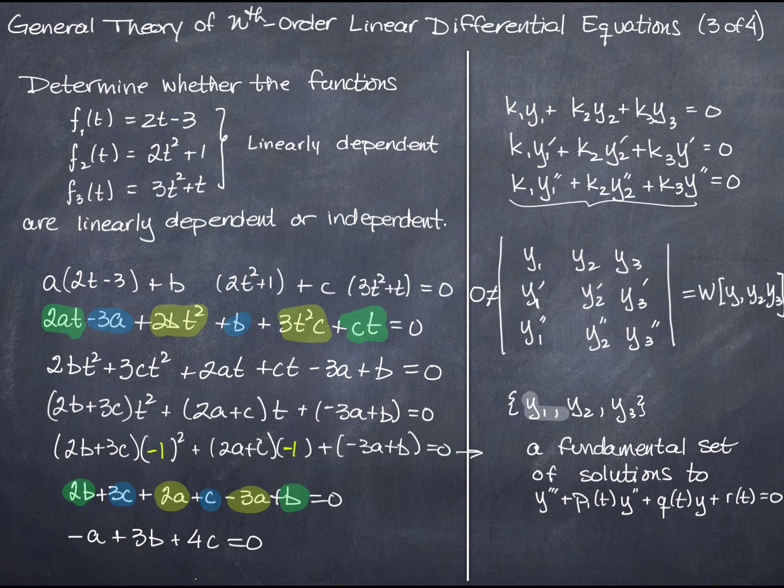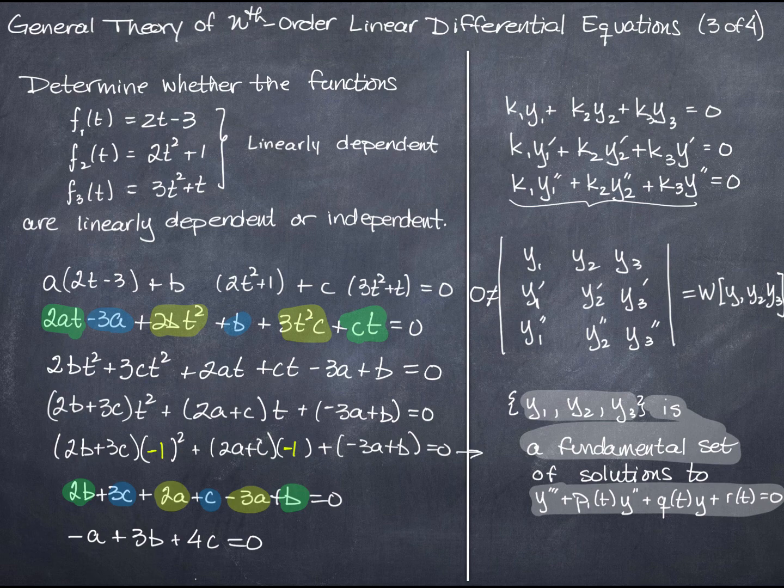All right, I'm going to highlight a couple of things here. This set right here, I'm going to say is a fundamental set of solutions to this equation here, and I'm going to highlight the equation as well. There's a theorem in our textbook. It's called theorem 4.1.3, which is another romantic name for a theorem. I'm being very sarcastic.